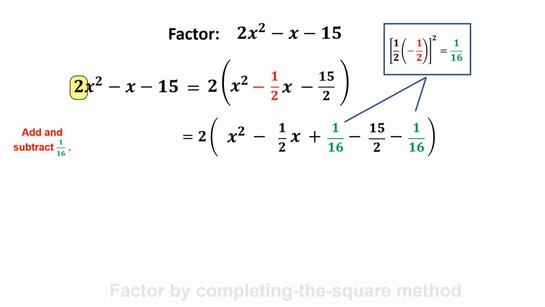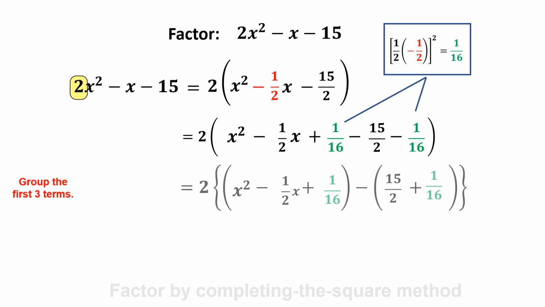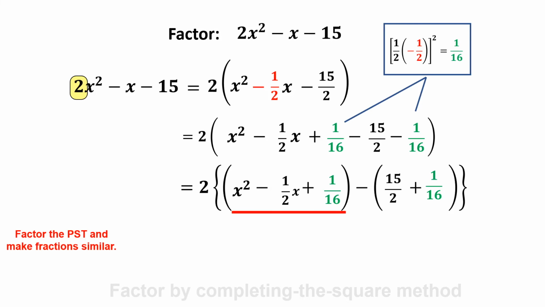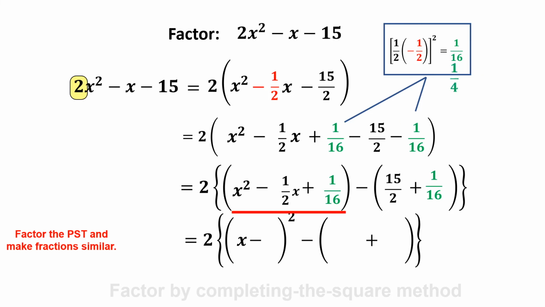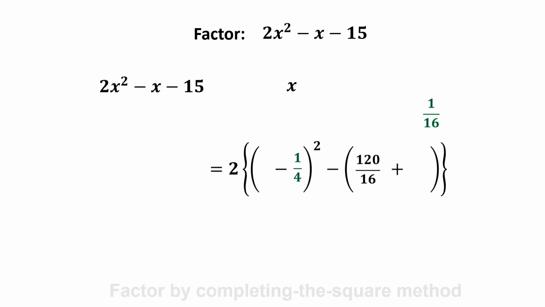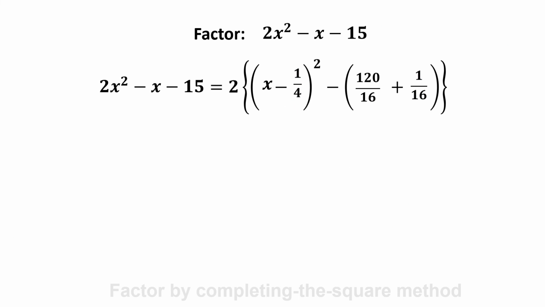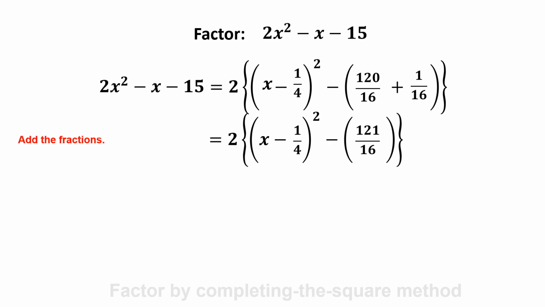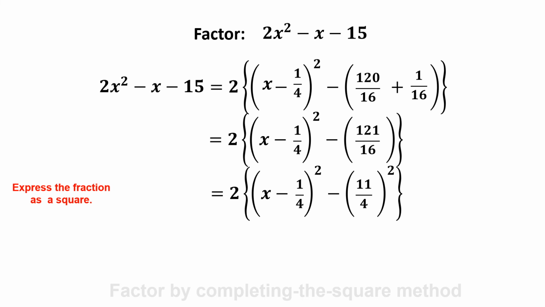Group the first 3 terms and the last 2 terms together. In doing this, the PST is produced. Then, factor the PST and make the fractions similar. Now, add the similar fractions and then express 121 over 16 as square.